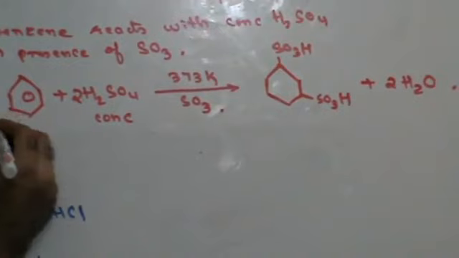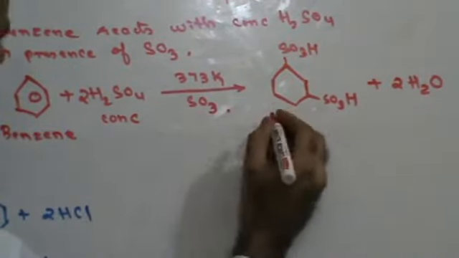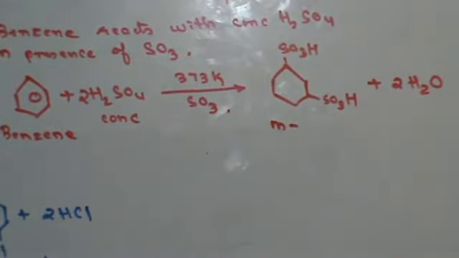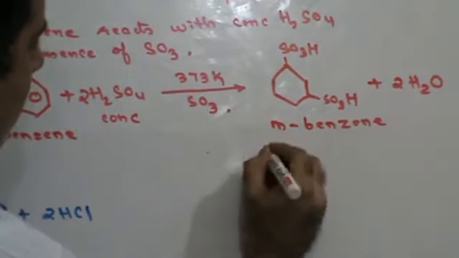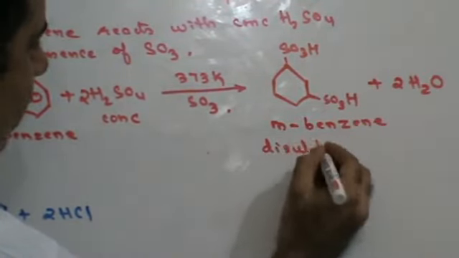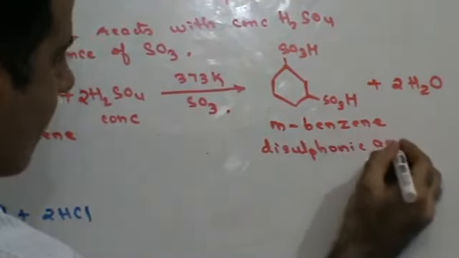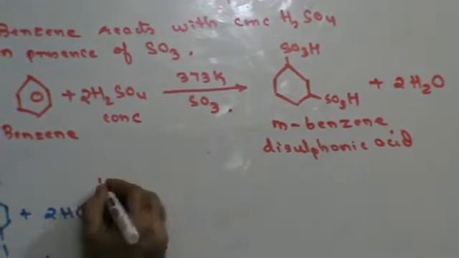This is benzene. This is attached to the third position, so this is M. That's your meta position. Benzene disulfonic acid. Okay, next, let's see another reaction.